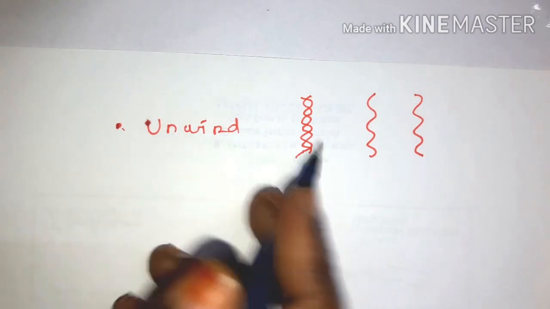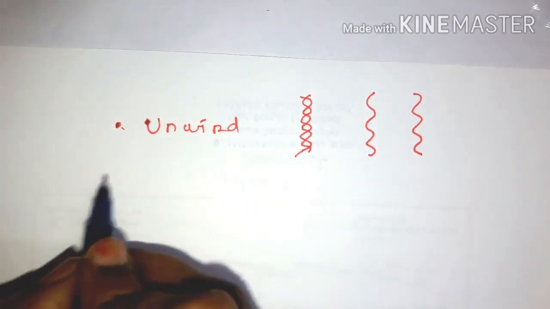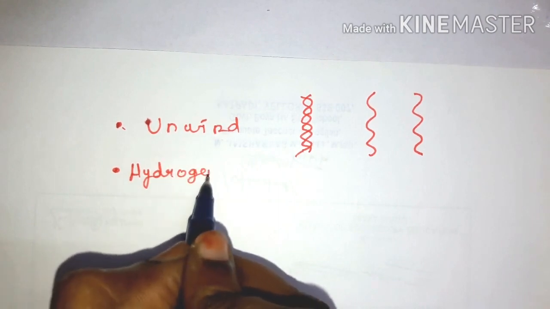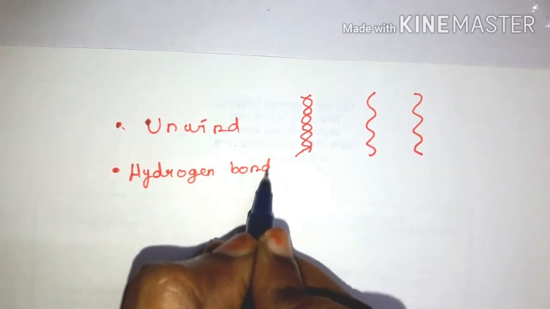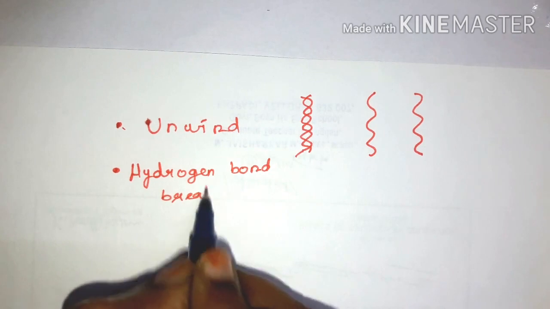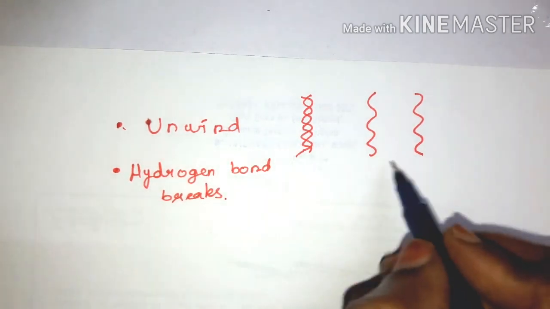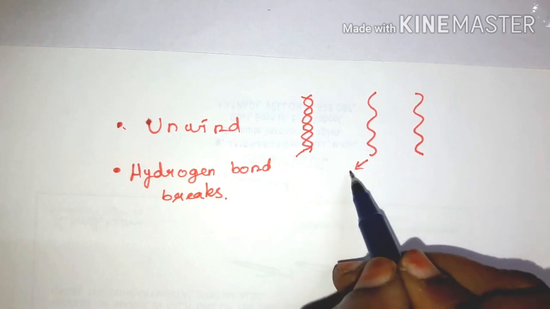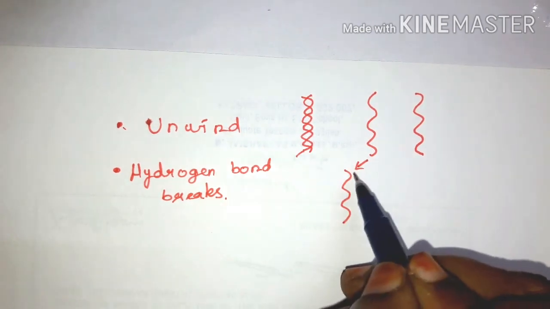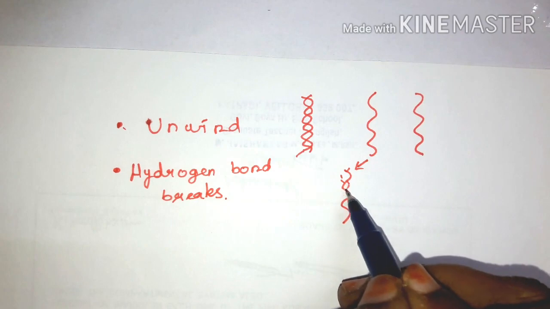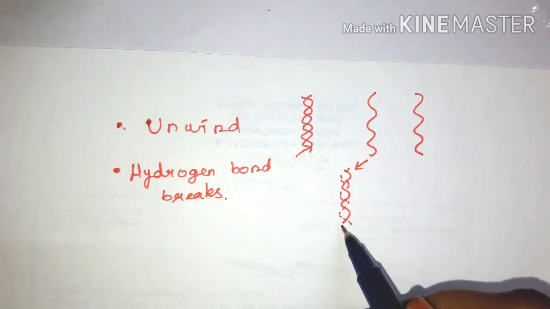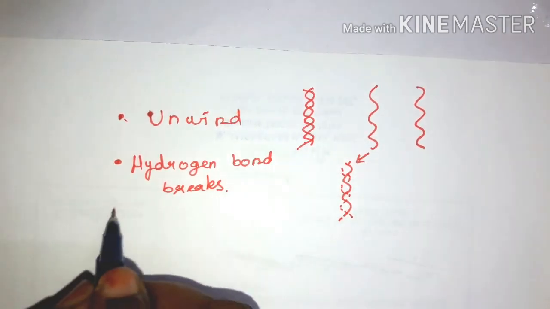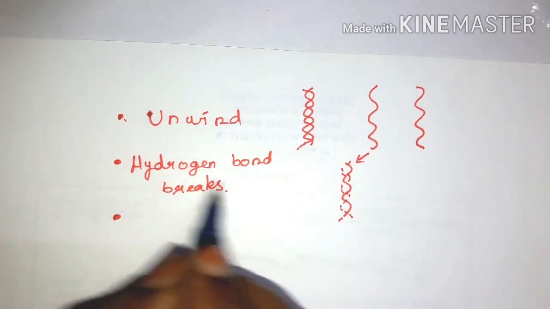Then the hydrogen bonds between them should be broken, so that it can make a new strand. For that reason they break the bond between them, so it is easy to make another strand. That's why they break their hydrogen bonds.